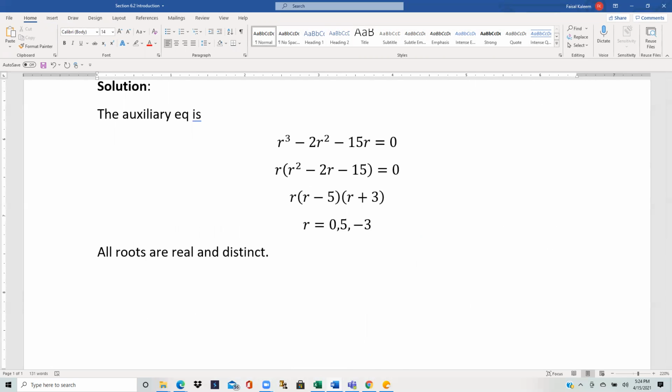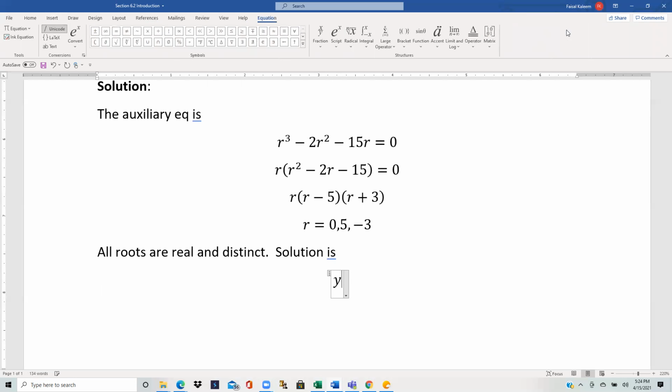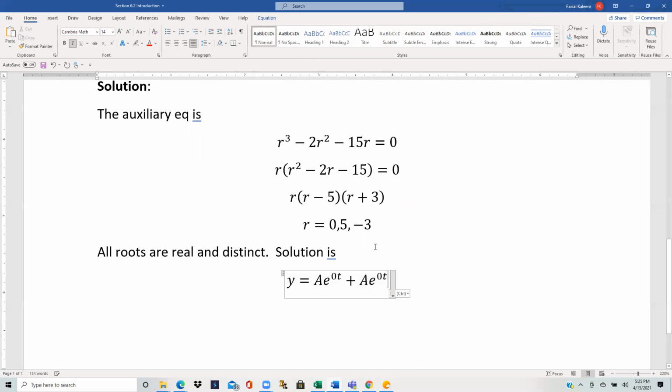So the solution is y equal to, let's call the first constant a, times e^(0t), plus b e^(5t), plus c e^(-3t).